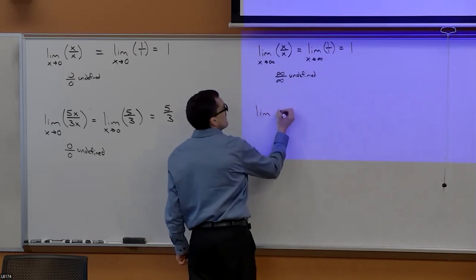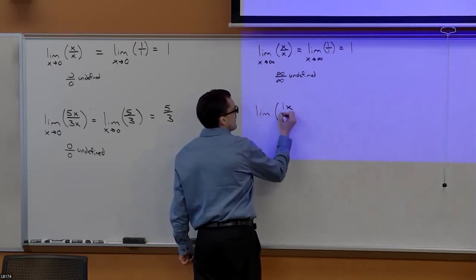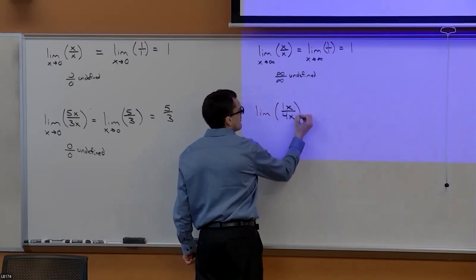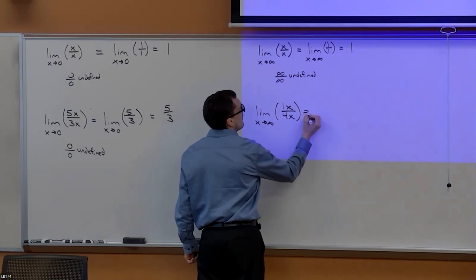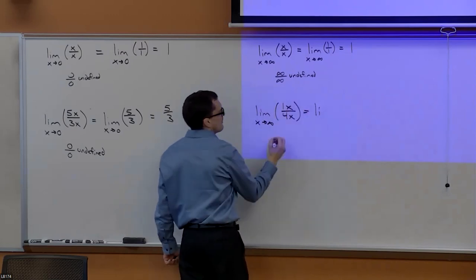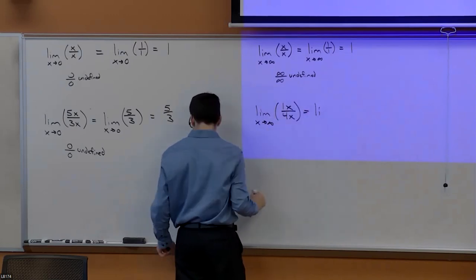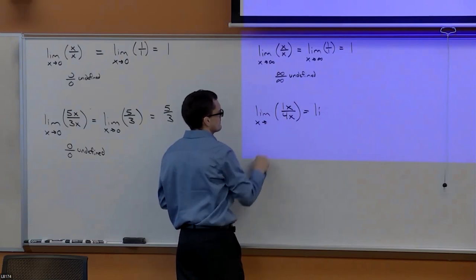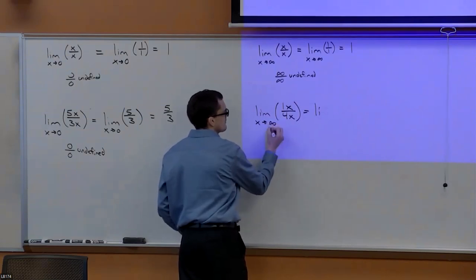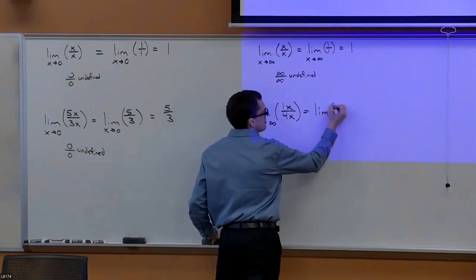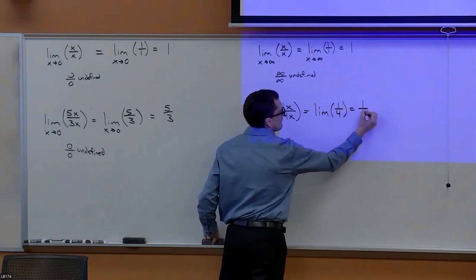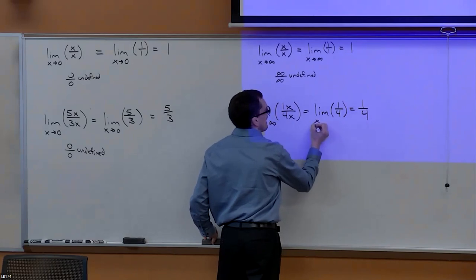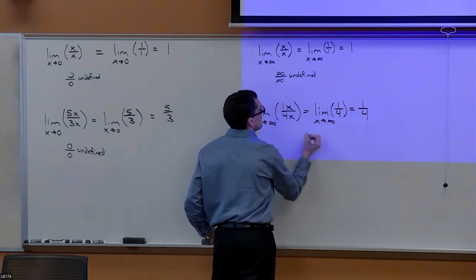But if we did, let's say, 1x over 4x, that also, as x goes to infinity, can be algebraically simplified into 1/4. So the limit of that is 1/4.